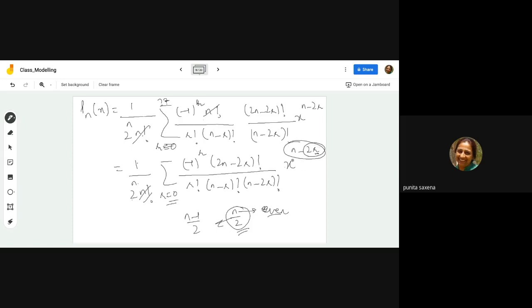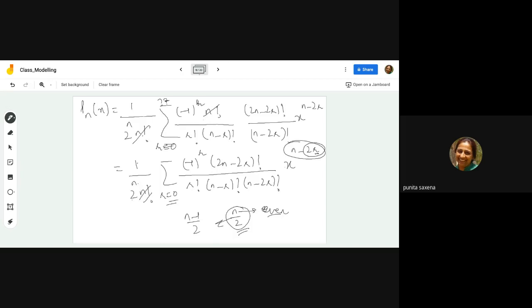See, if 2r goes beyond n, if this value is more than n, then I'll have x to a negative power, which we don't want, because we are talking of a power series here. So I cannot have a series in which I have 1 by x, 1 by x square, and so on. We can only have terms as long as my power of x is positive.